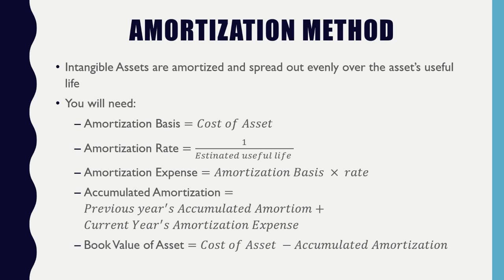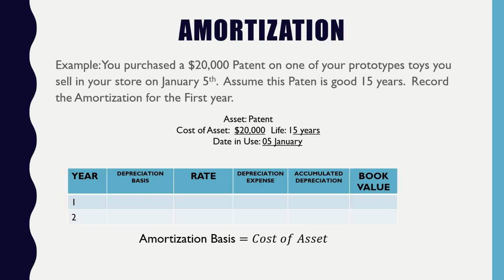The accumulated amortization is going to be identical, and the book value is also going to be identical to the depreciation. So the only difference here is there's just no salvage value. But everything goes exactly the way it goes.